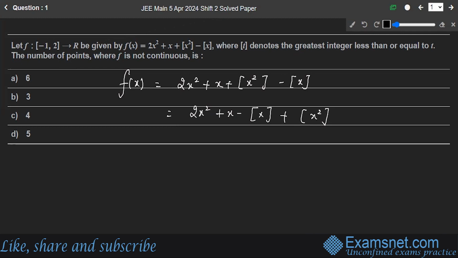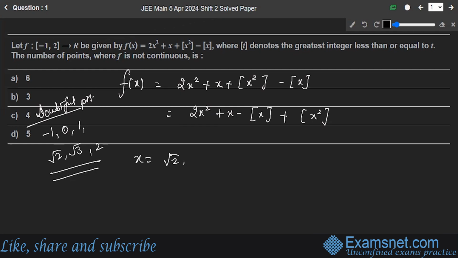If you look at these, what are the doubtful points where it cannot be continuous? The doubtful points over here are -1, then 0, then 1, then √2, √3, and 2. So these are some of the doubtful points.